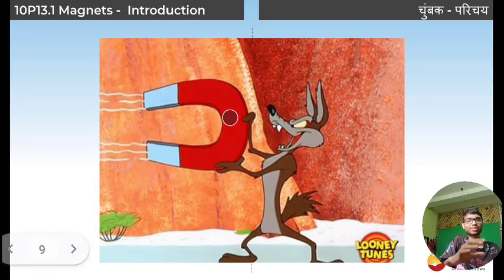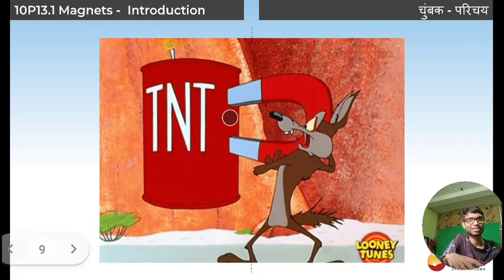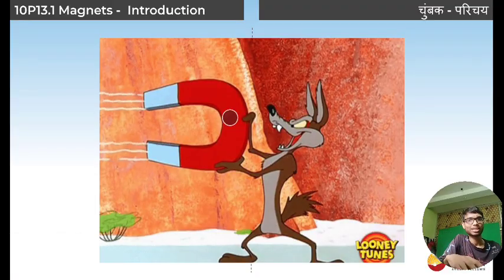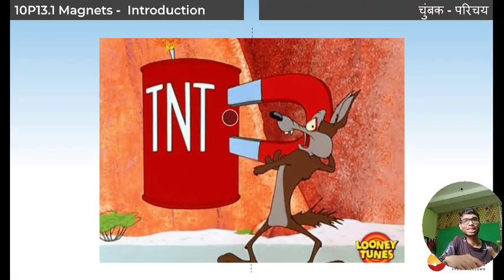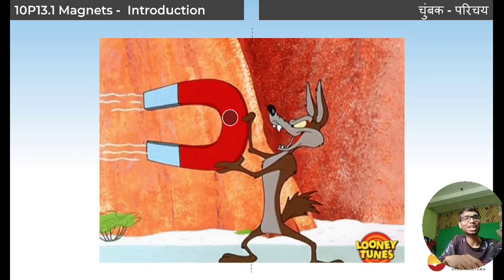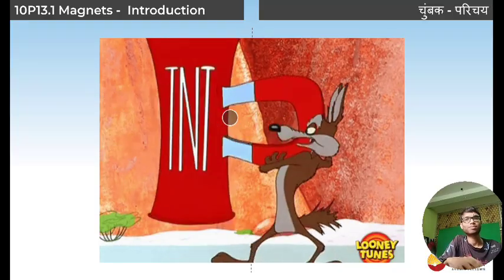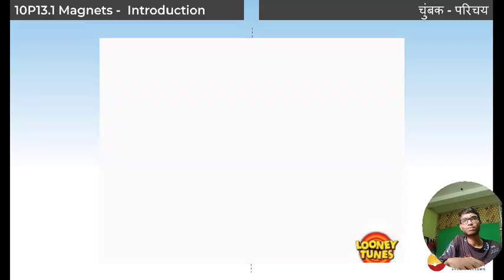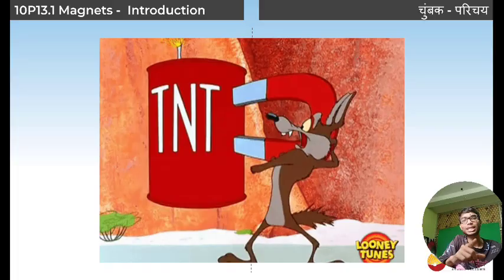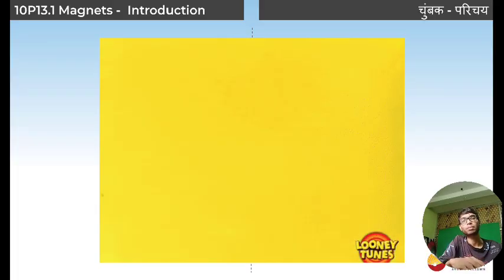It attracts. It behaves like electricity. As we put magnetic materials near the magnet, it will attract very strongly. Yes, very strongly. You can see this magnet is attracting conductor material.